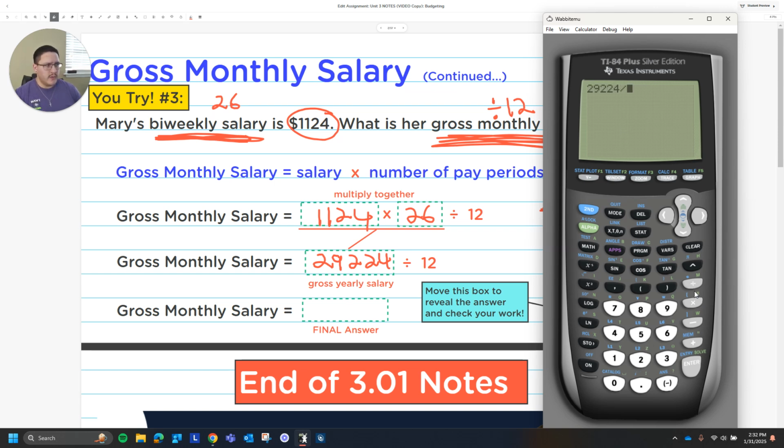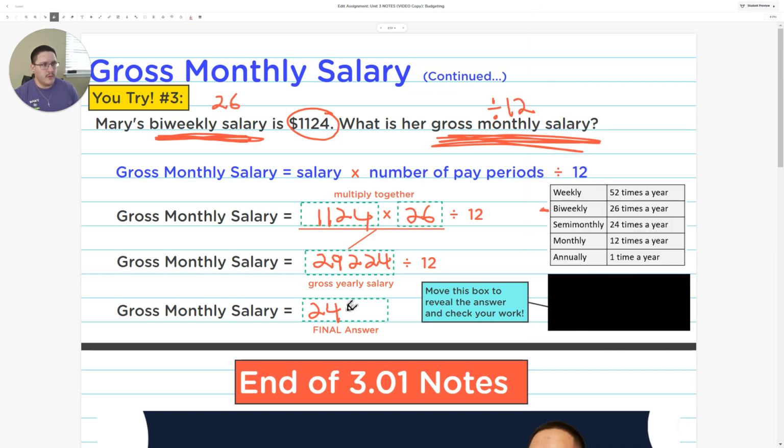Again, 29,224 divided by 12. And we get 2435.33. Gross monthly salary is $2,435.33.